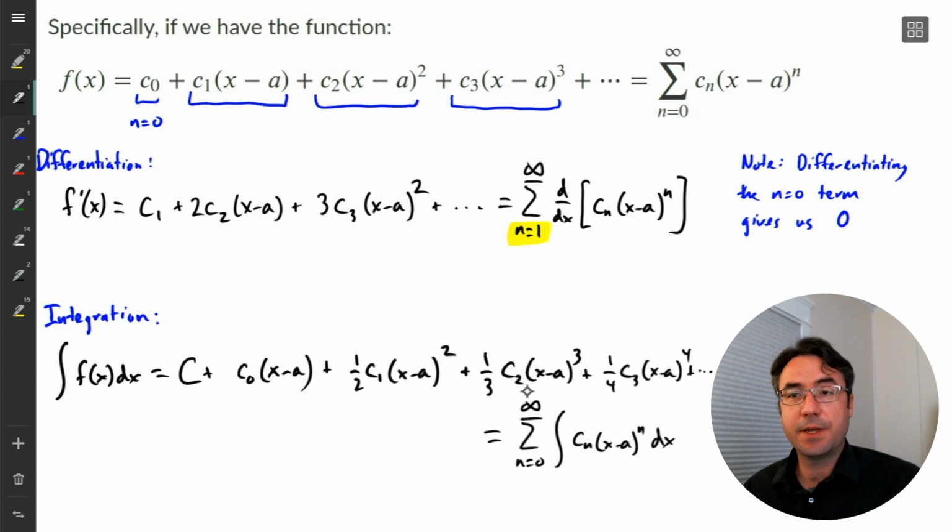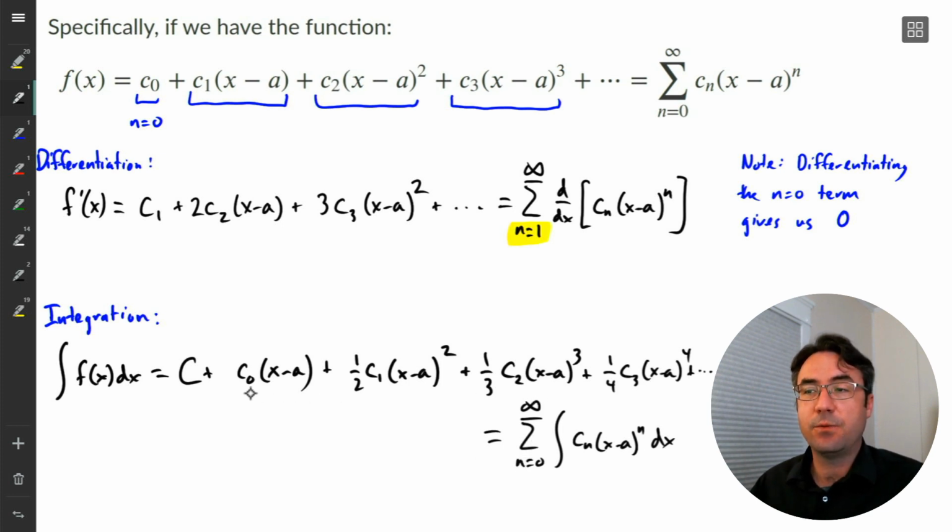So essentially, to integrate this function, we just integrate each term of our power series. It looks like this: the integral of cn times x minus a raised to the n dx, and we're doing the sum from n equals 0 to infinity. And we know that here we don't have an issue with the starting index because we actually get more terms in.